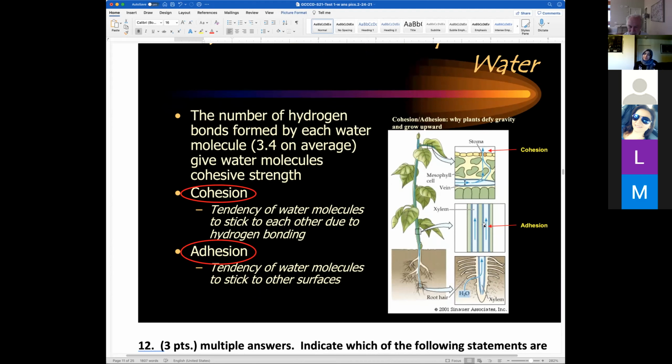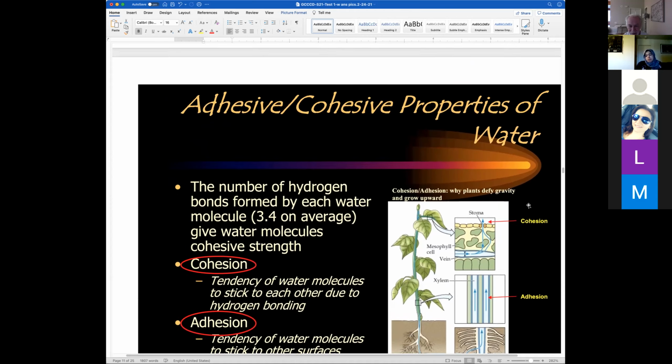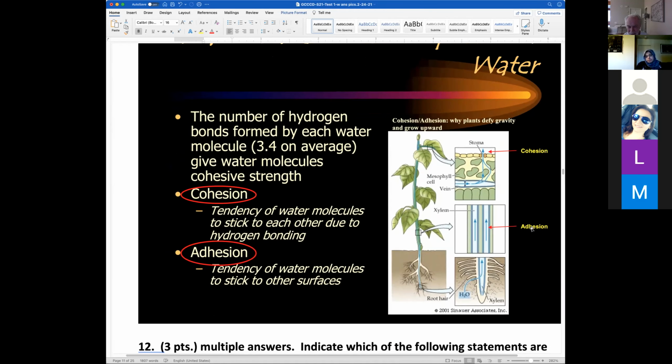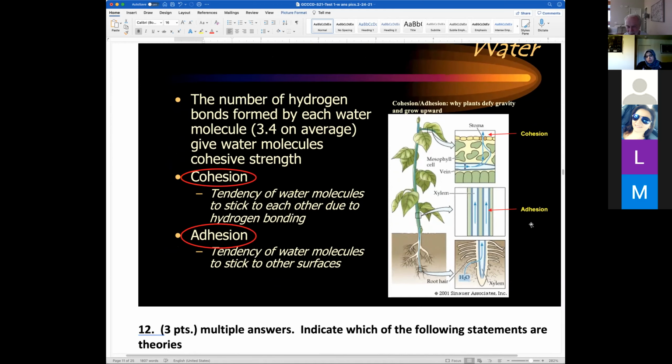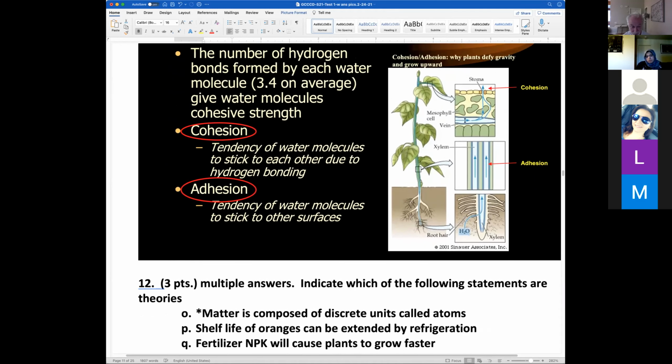Adhesion occurs in the vessels, in the xylem. The ability to stick to the sides causes capillary action, and the water wants to move up. So what I was asking here is for you to describe these two, and if you simply said stomates and xylem vessels, I gave you full credit for that. Some people had a more detailed explanation, but most of you didn't know.